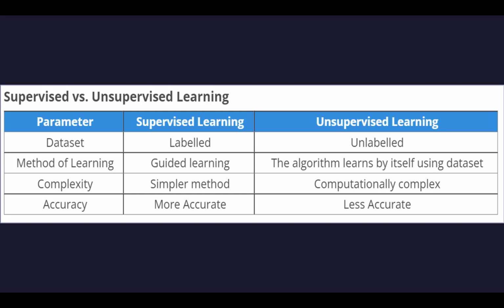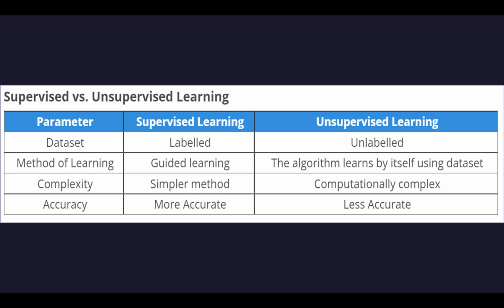That means you are always checking if the model is recognizing the objects correctly. And then you are adding more data, retraining it, tweaking it in a way. And for unsupervised learning, the algorithm learns by itself using the dataset.